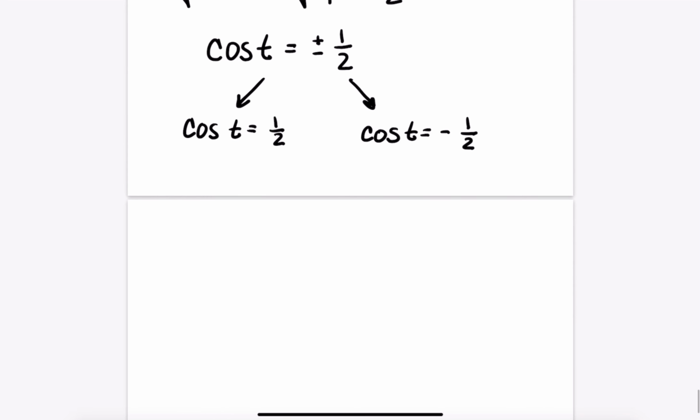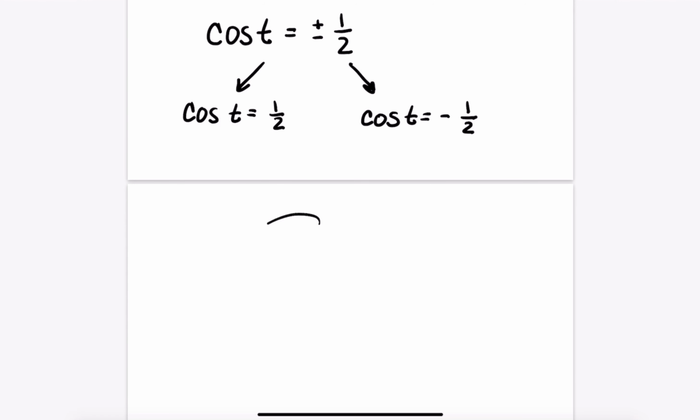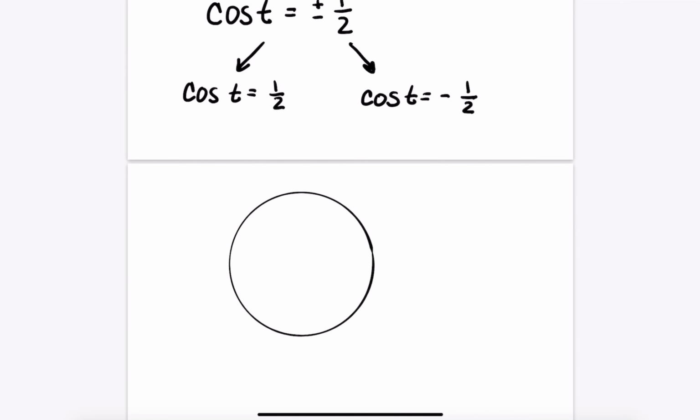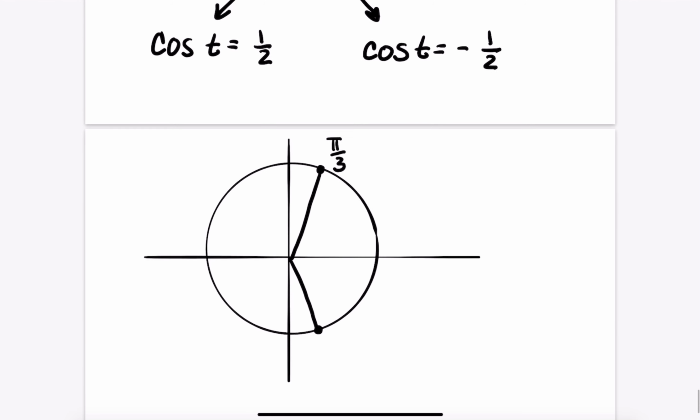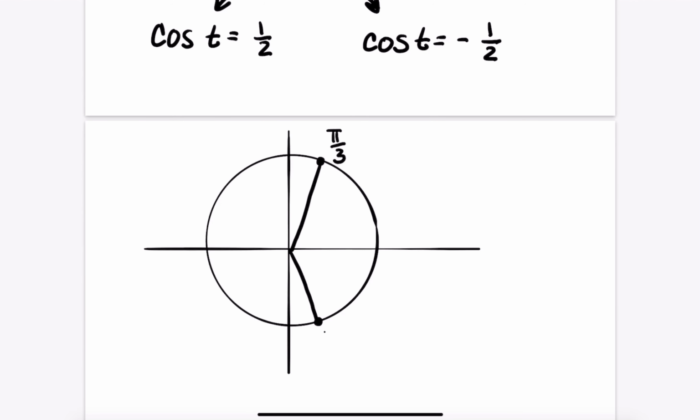Let's look at the unit circle. So recall that cosine is the x value. For positive 1/2, it would be at these points. And if you recall at the unit circle, these points are pi over 3 and 5 pi over 3.